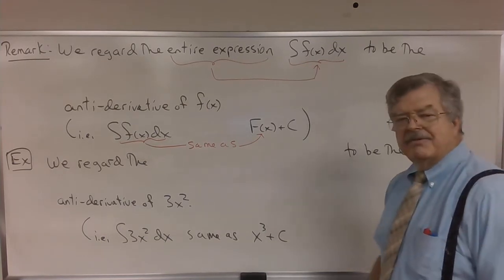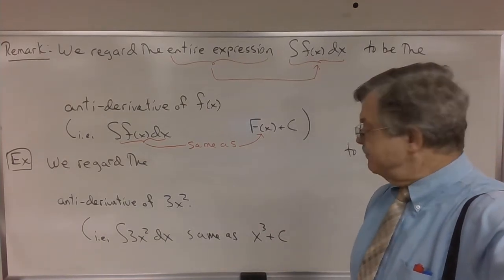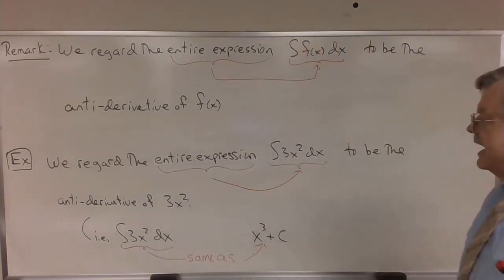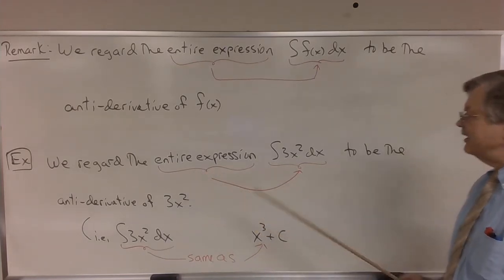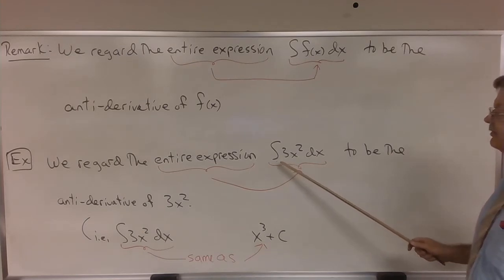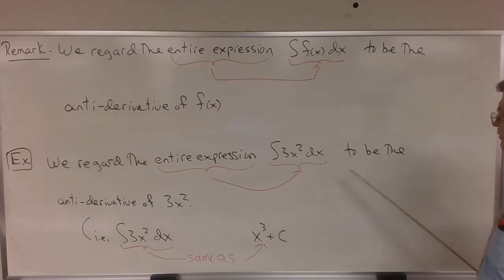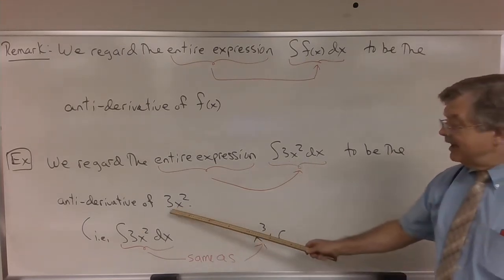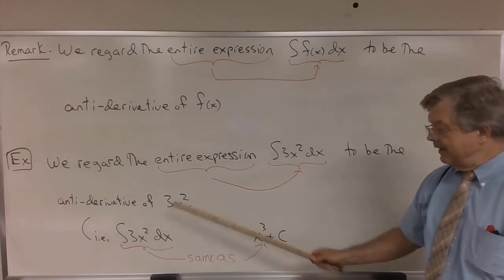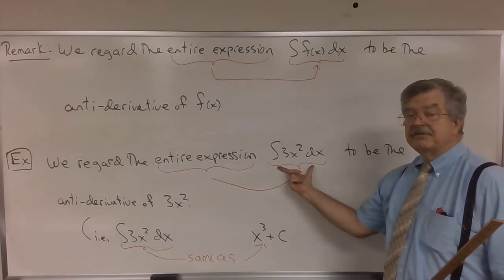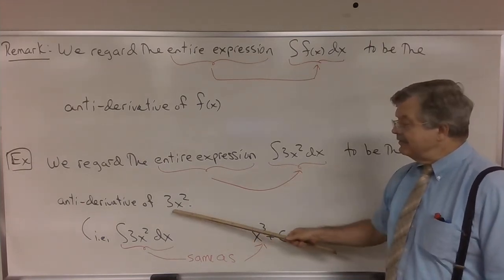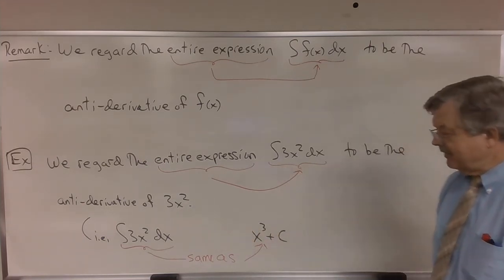Now, let me erase part of that. Looking down at the bottom of the screen, we regard the entire expression, integral of 3x squared dx, to be the antiderivative of 3x squared.